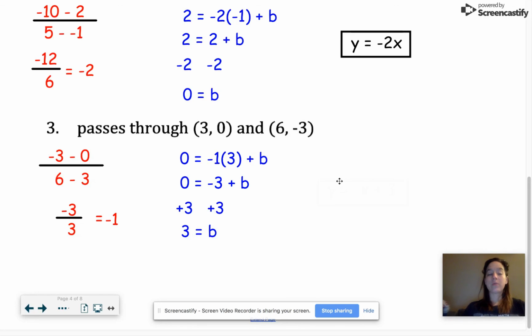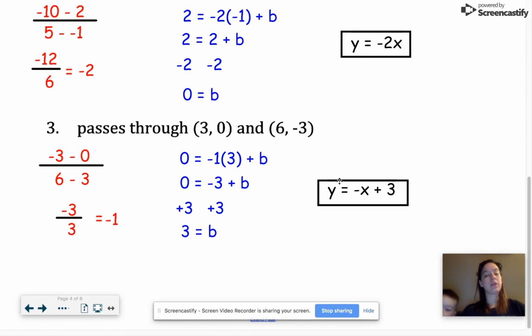So my slope is negative 1. What I want you guys to understand is that because slope is negative 1, I actually don't have to use that 1. And so therefore when I plug it into my slope-intercept form, it's just negative x. So therefore my slope-intercept form is y equals negative x plus 3.